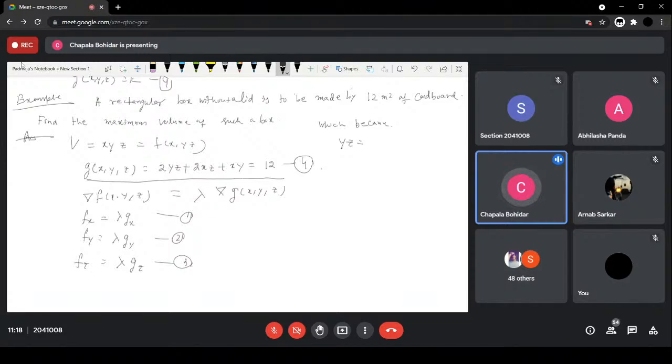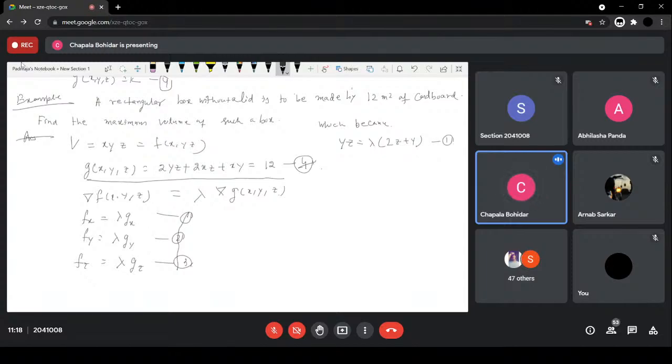Del g by del x is 2z plus y. So it is lambda into 2z plus y. This is equation 1.